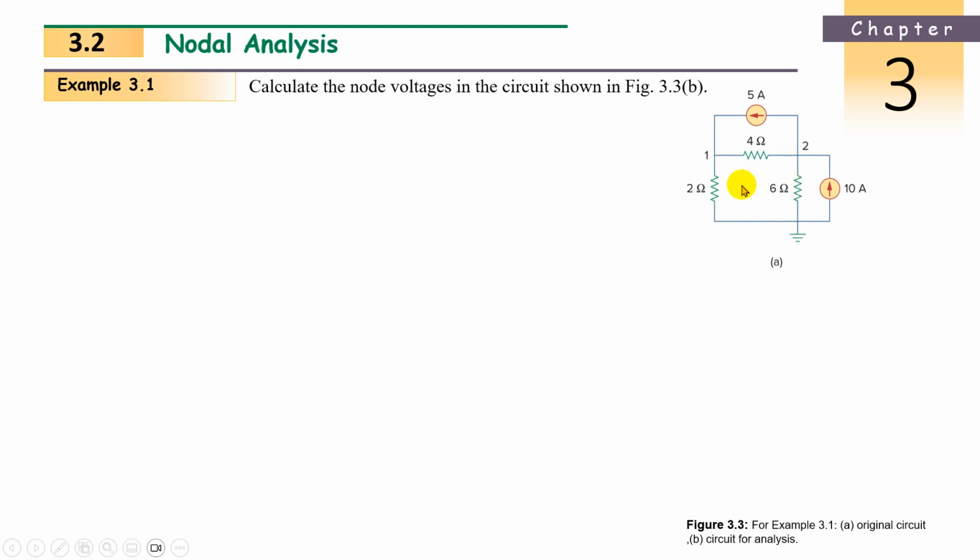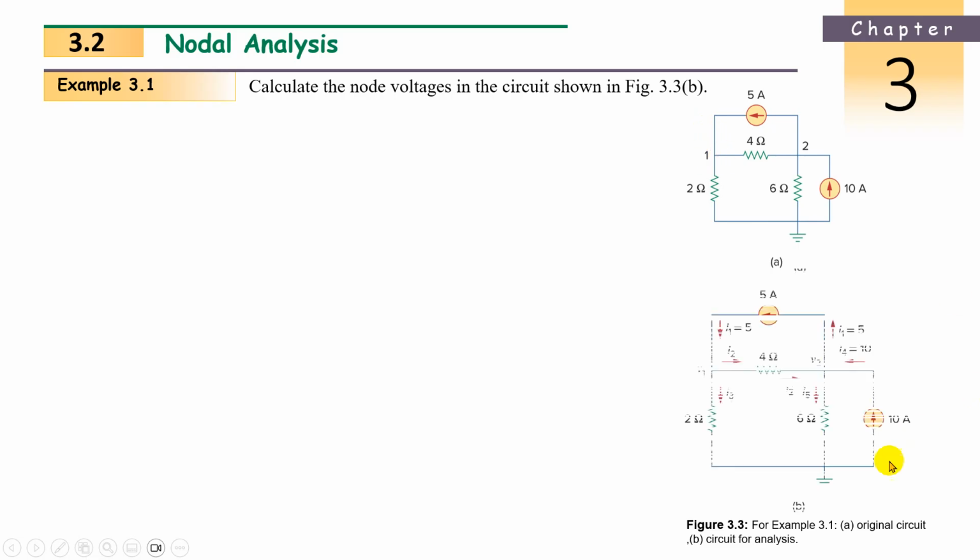Now currents. I will put a current name on all branches. I1 will be 5 amperes in this direction, entering the node. Then I2 will be 4 amperes from V1 to V2. Now I3 will be from V1 to 0, downward, because of higher potential to lower potential.